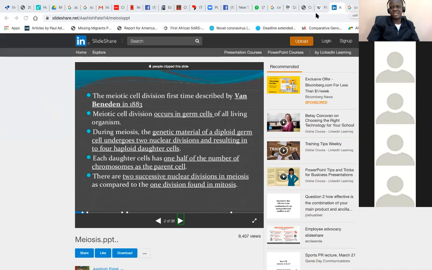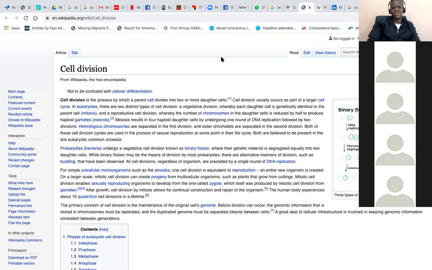By cell division, we are talking about the series of actions in which new copies of cells are produced, new daughter cells are produced from existing parent cells.